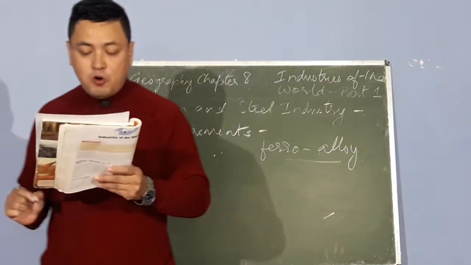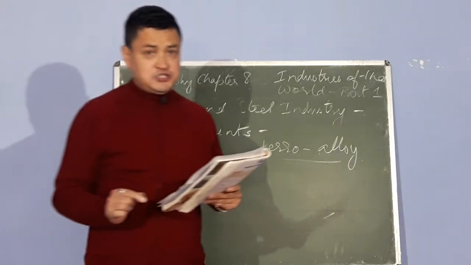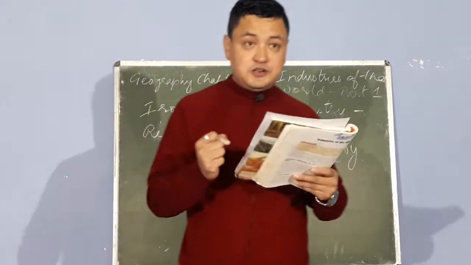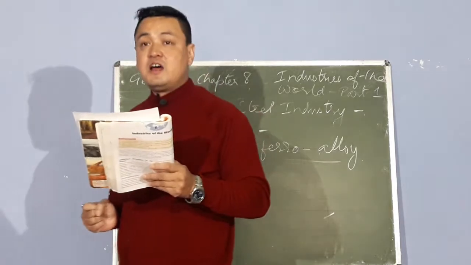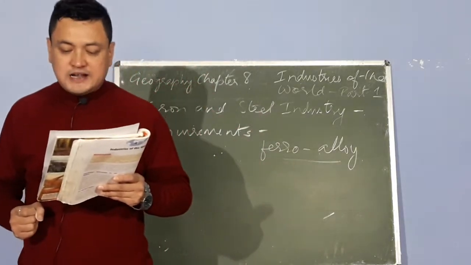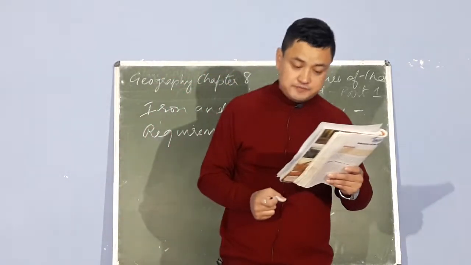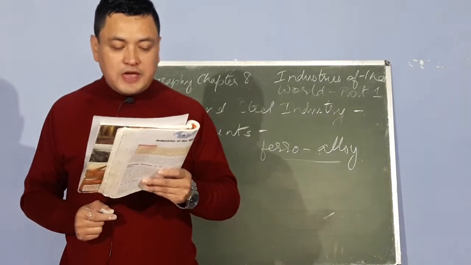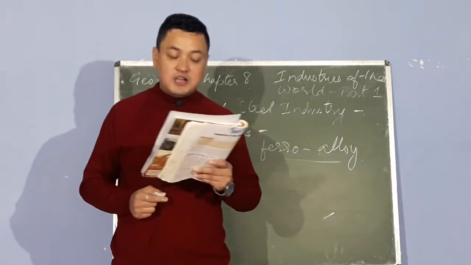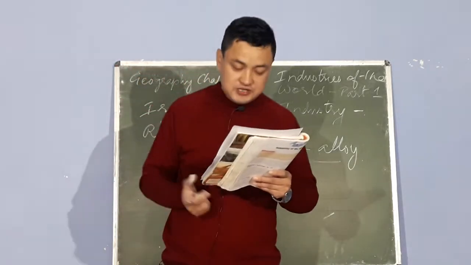In India, there are more than 10 integrated steel mills. So they are integrated, they are dependent on each other. The chief five are at Jamshedpur, that is Tata Iron and Steel Company, Bhilai, Bokaro, Durgapur, Rourkela, and Visakhapatnam are other iron and steel industries.